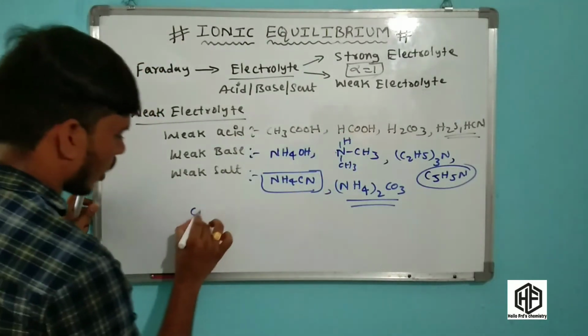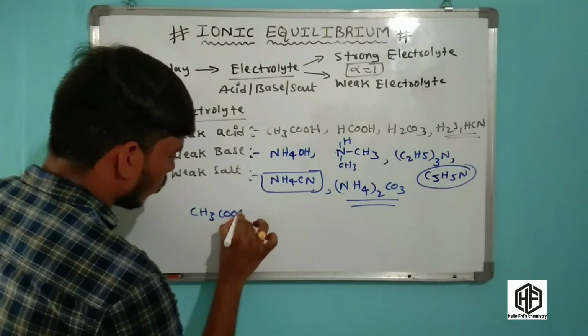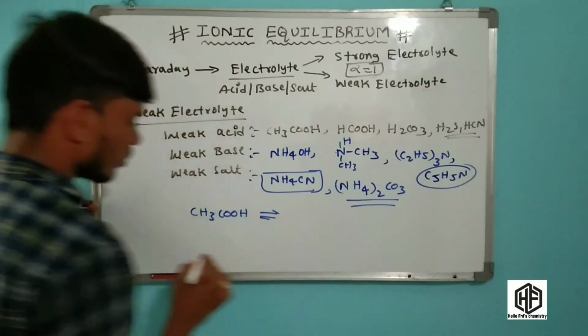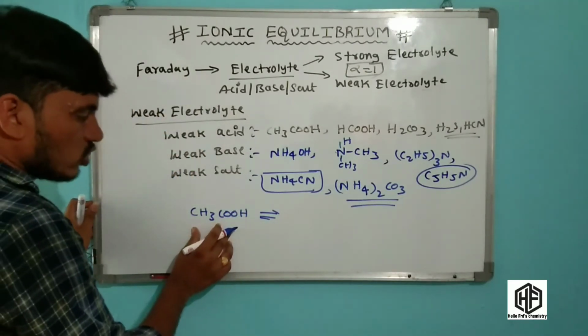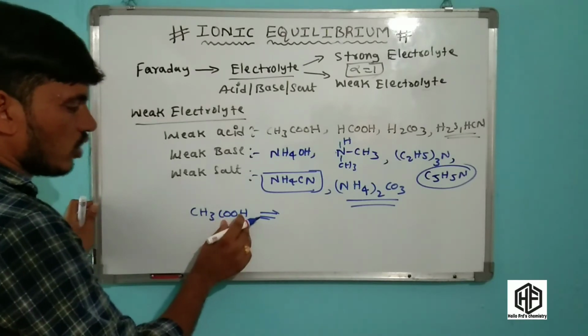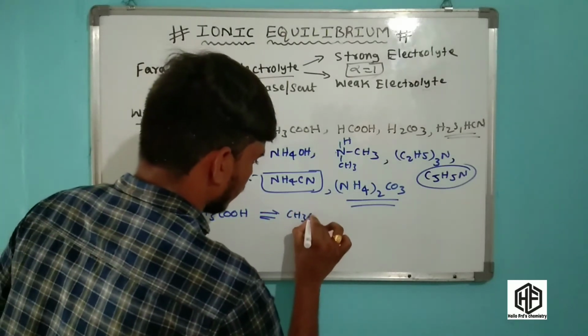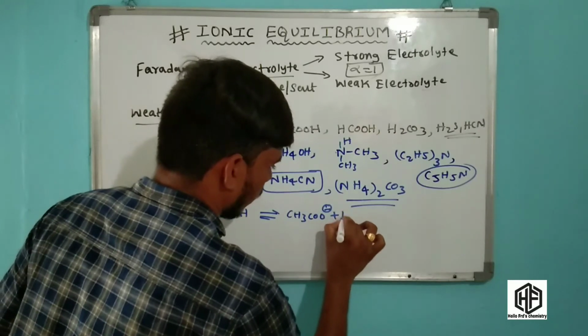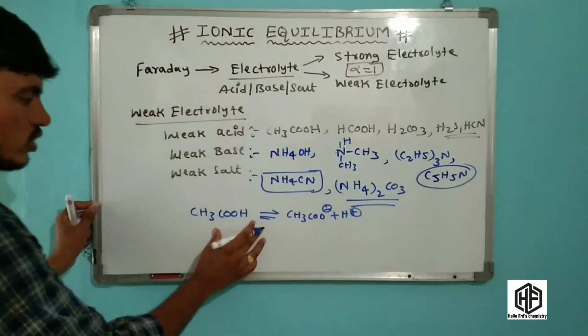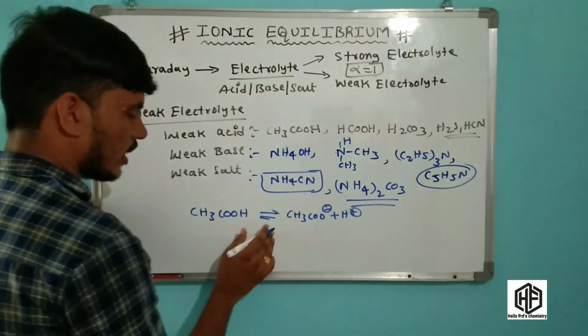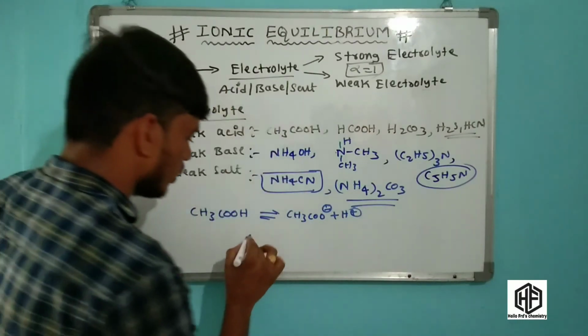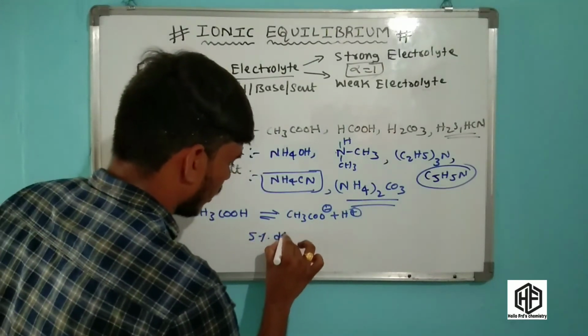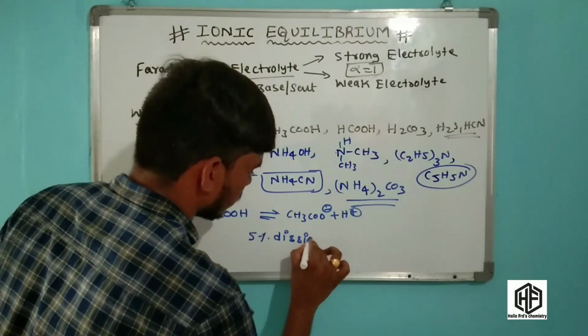Now one more point: CH3COOH in aqueous solution gives CH3COO minus plus H plus. This cannot dissociate 100%; it is only about 5% dissociated.